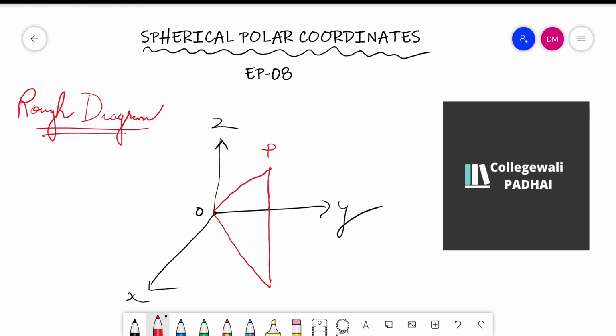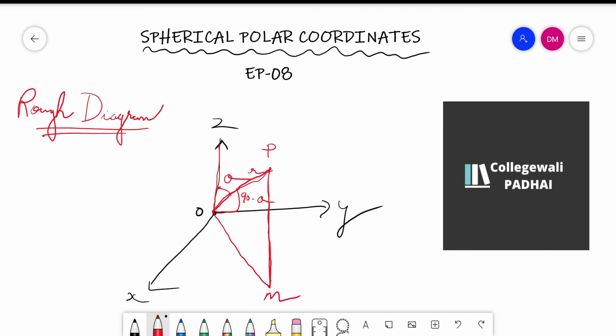It is forming a triangle, and this is M. So the triangle can be named OPM, and here it forms an angle theta, and as it is perpendicular, here it forms 90 minus theta, and OP is R.